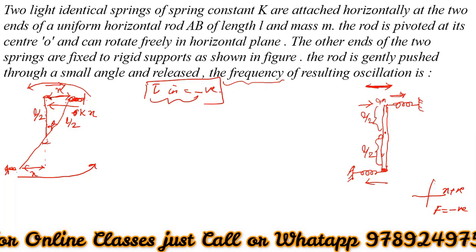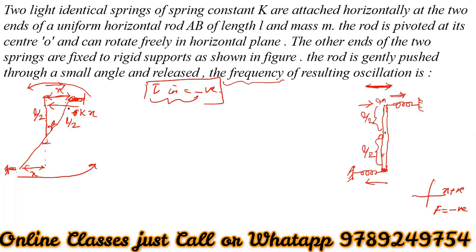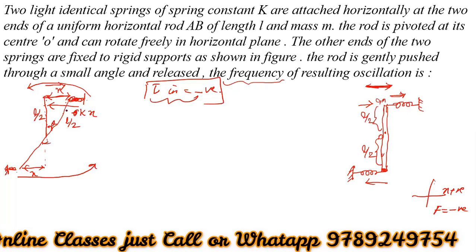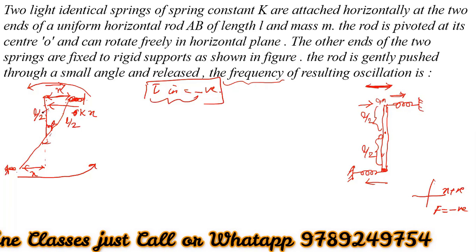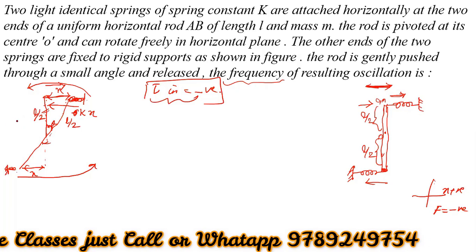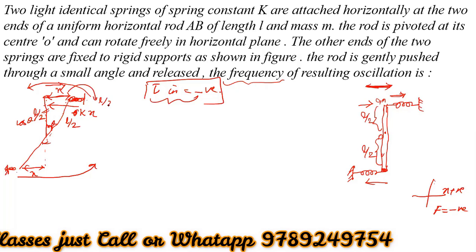Once you push a little, the rod's length L by 2 comes here, and this is L by 2 cos theta. And this x is L by 2 sin theta.